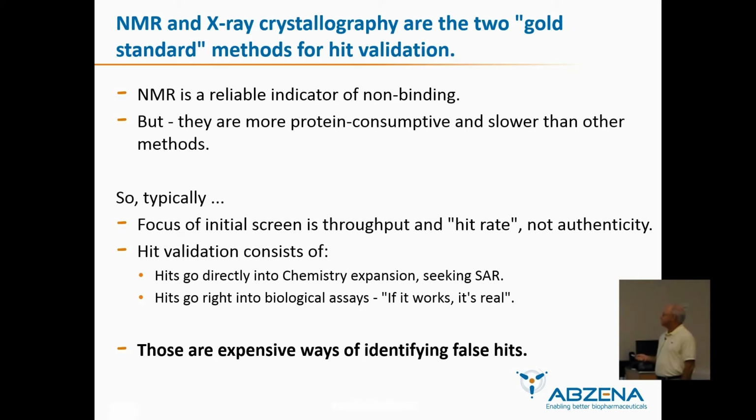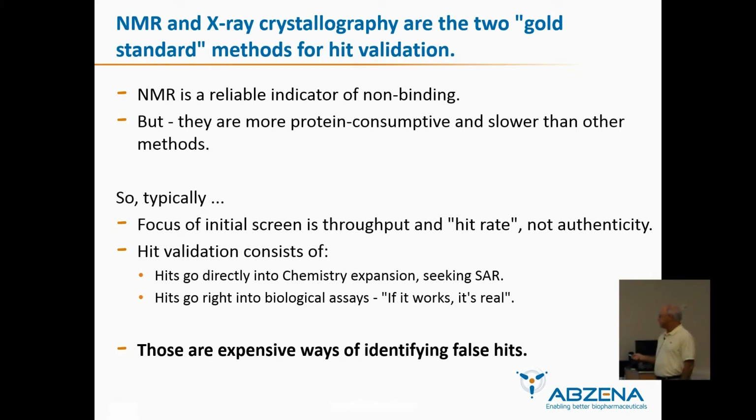The problem with these two methods is they're protein consumptive and they're slow. So in a project, you have chemists who are eager to get started optimizing hits, and then you have biologists who are saying, well, if the real judge of a lead is if it works, it's real. So I really don't need any sort of biophysical hit assessment. If it's working, it's real.